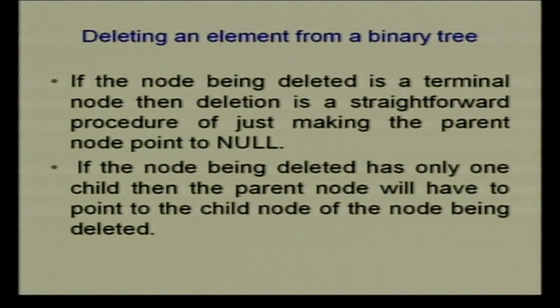If the node being deleted has one child, that is, it has either a left subtree or a right subtree, only one of them, then you delete the node and attach the child to the parent of the node that has been deleted. That is the second case. This is also fairly straightforward. The only thing is you have to find the node to be deleted and keep track of the address of the parent. That is the only complication.